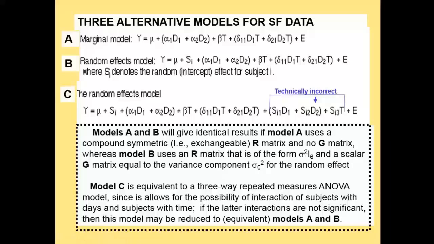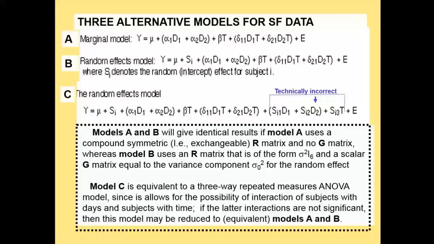Compound symmetric. So I can get compound symmetric 2 ways. One is no random effect, R is compound symmetric, or I could run this model with a random intercept and assume that the R matrix is independent. If I run either of those 2 models, I'm going to get exactly the same answer.